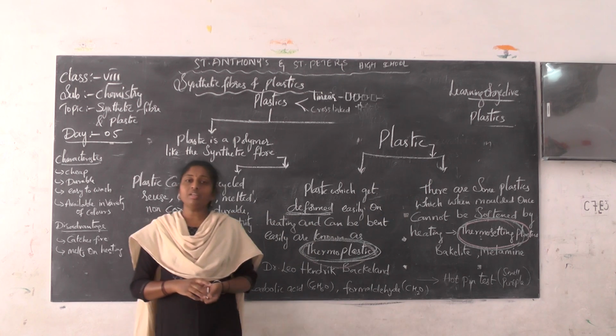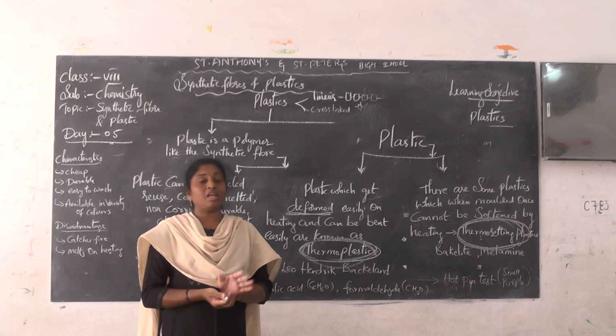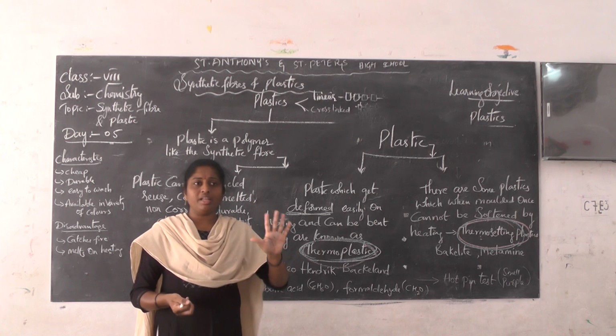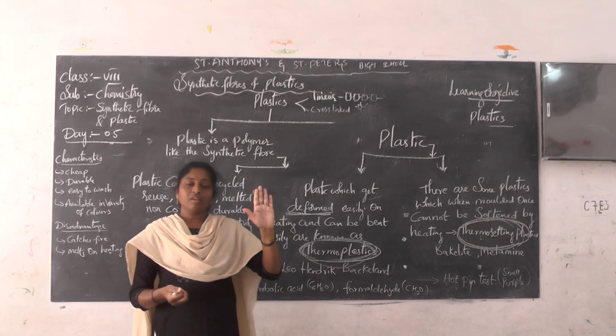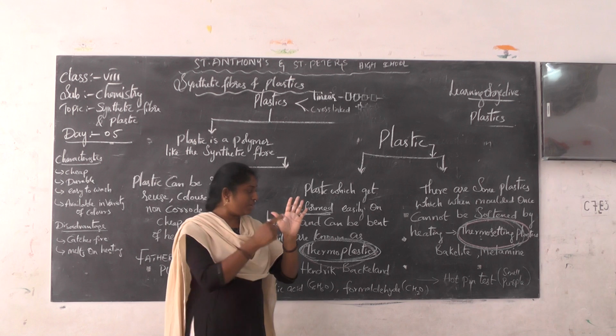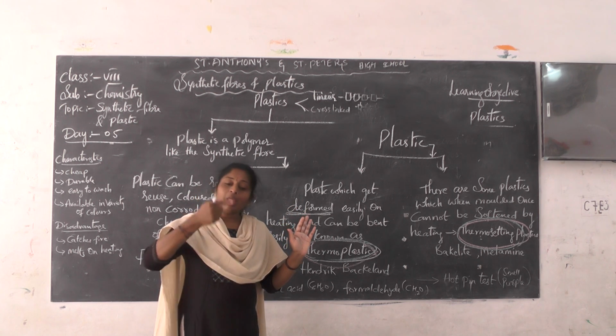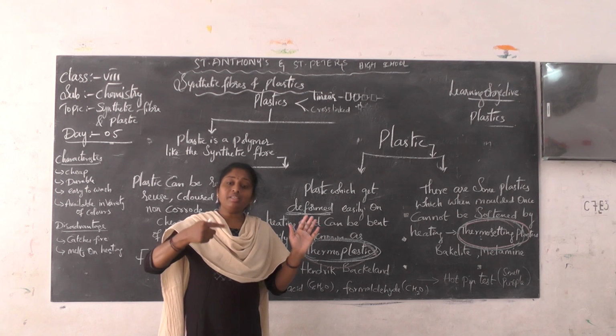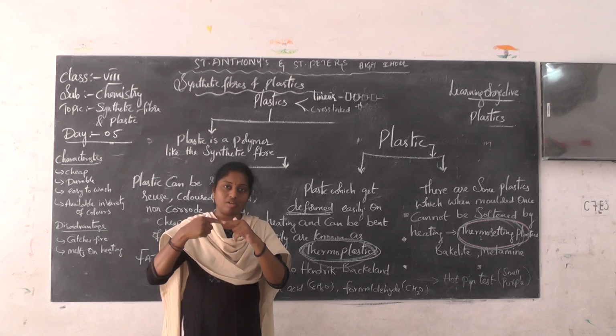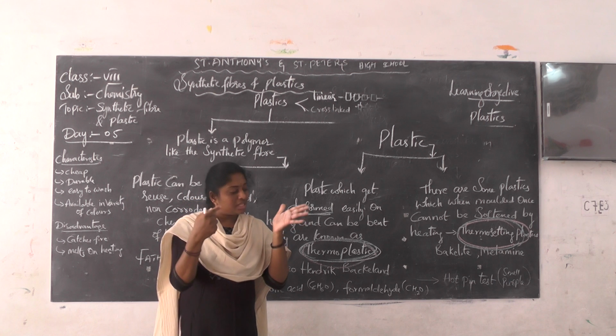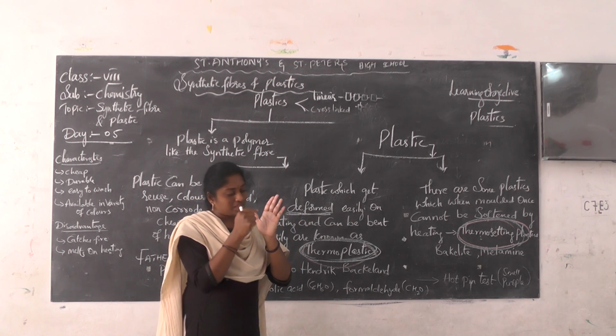For this hot pin test, what do we have to do? We have to take the thermosetting plastic. Take one container, maybe a plate or anything, and take a small piece of it. After taking it, take a small wire and heat it till the wire becomes red hot. When it becomes red hot, select one place and press the pin there.